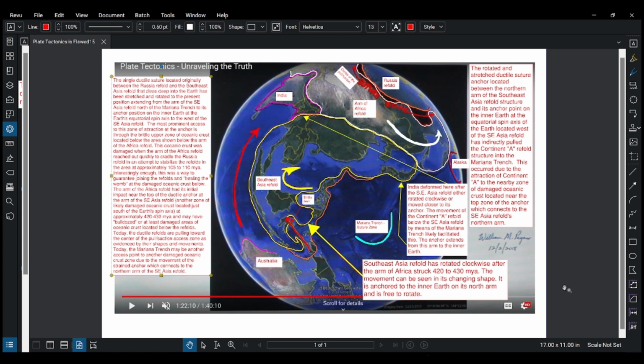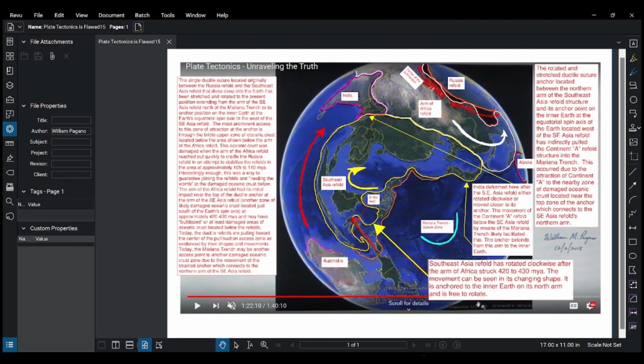But I think at least the primary movement and the driving movement was due to the twerking, I call it, of the Africa and adjoined South America refold when it did that movement and everything derailed. That made Southeast Asia go clockwise and really tore up that area. And that's why the arm formed and tried to get in there, cover that up.